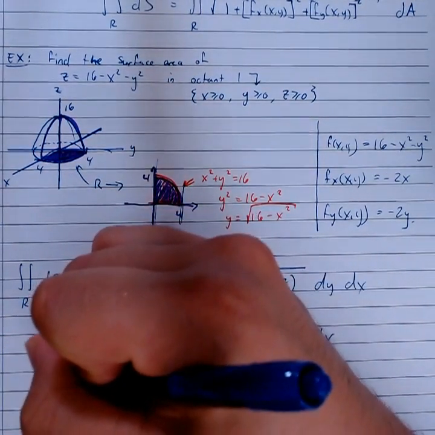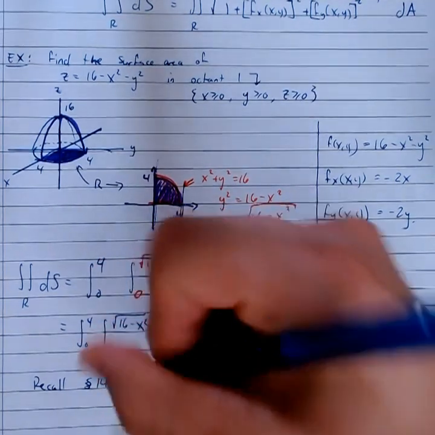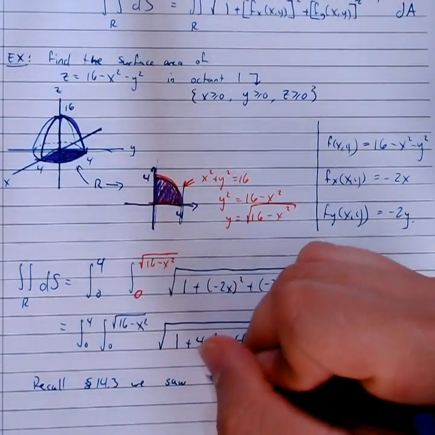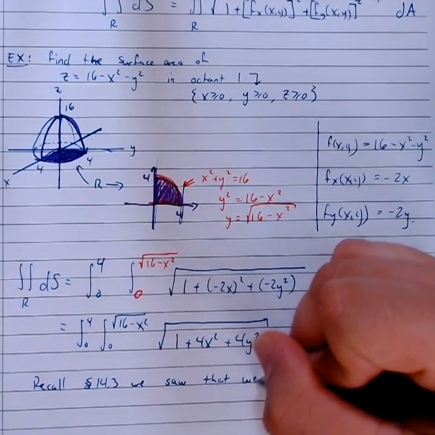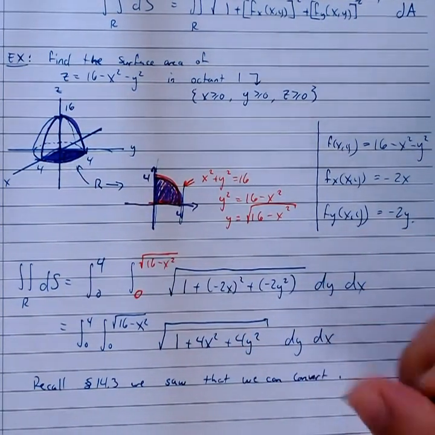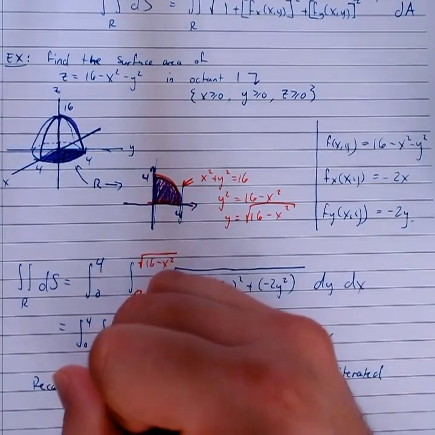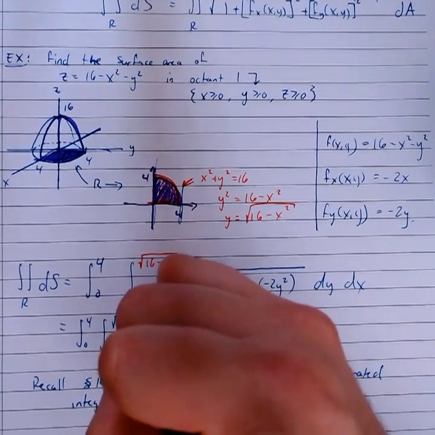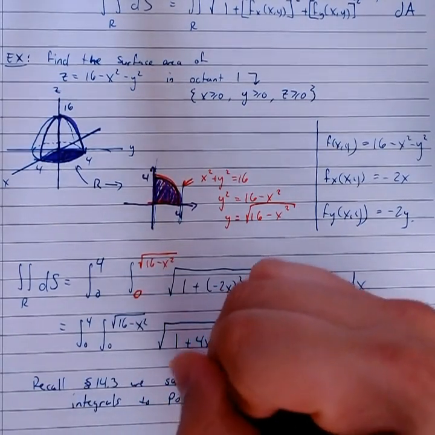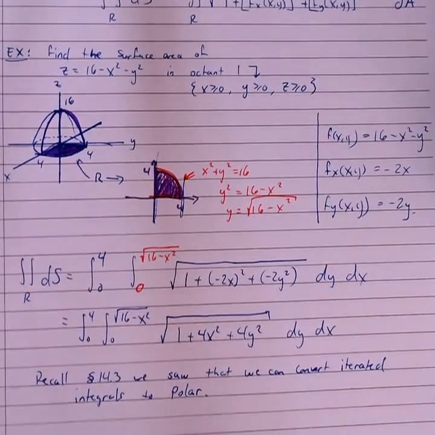So recall, in section 14.3, we saw that we can convert iterated integrals to polar. And you say, is that going to be easier? No, it couldn't be any harder.